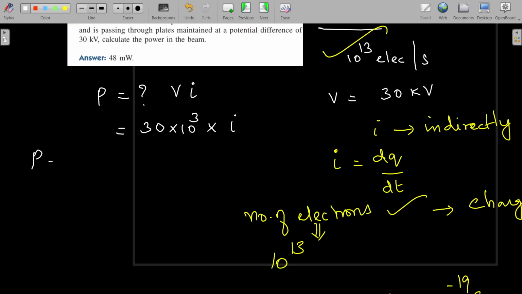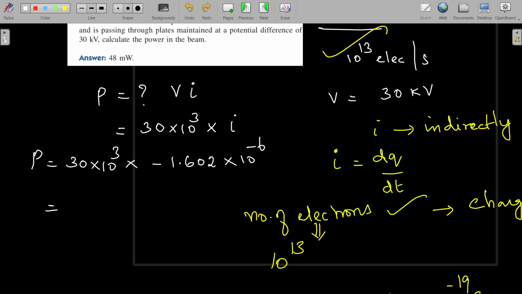So once you have calculated the current, now you can substitute that I value into this power equation. So P is equal to 30 into 10 power 3 multiplied by this minus 1.602 into 10 power minus 6. We got this minus sign because of the negative charge of the electron. And in the current, if you have this minus sign, that indicates the current is flowing in the opposite direction.